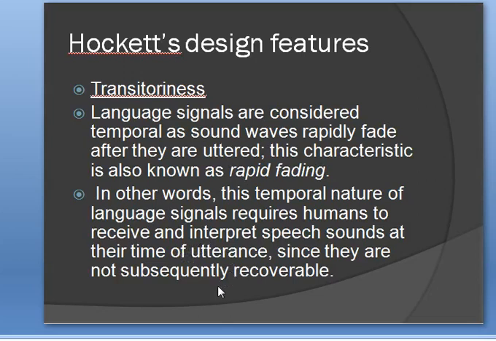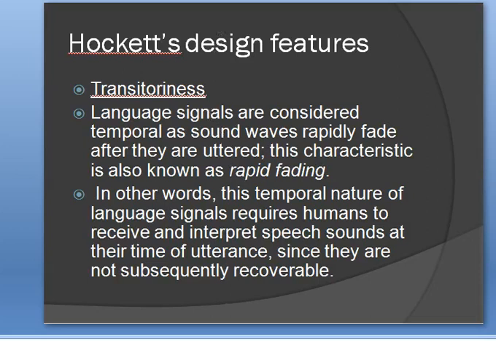What does it mean? It means that it is temporal. Language signals are temporal. Why? Because as we are saying something, at that time it needs to be interpreted. Whatever is said at this very moment, the receiver has to listen to it right now.